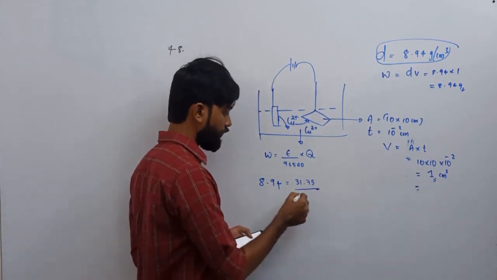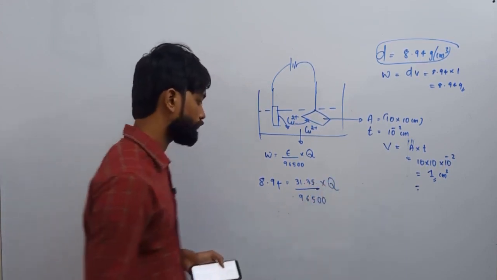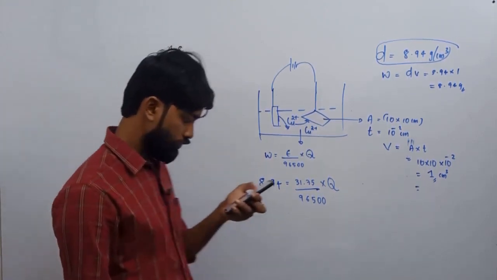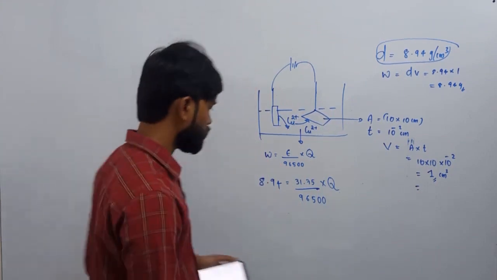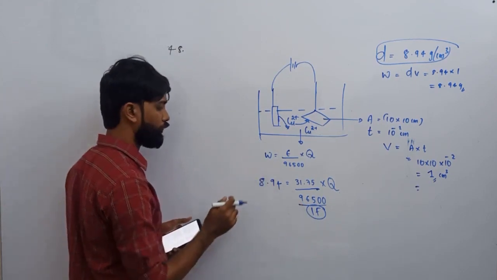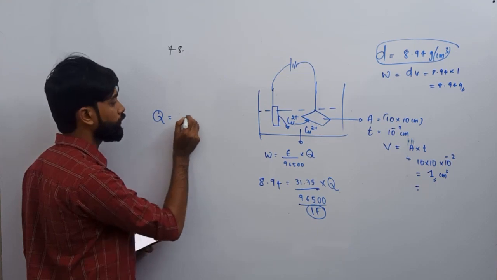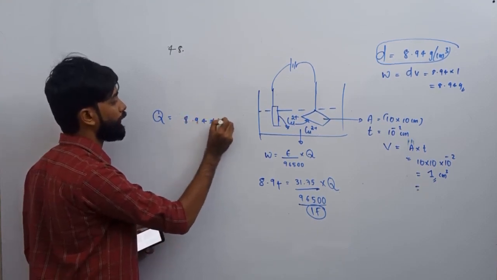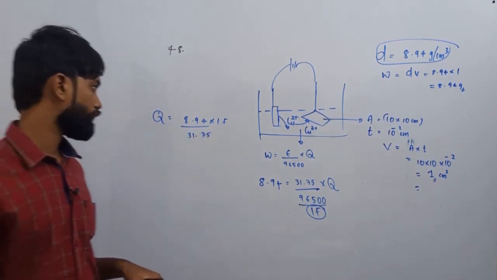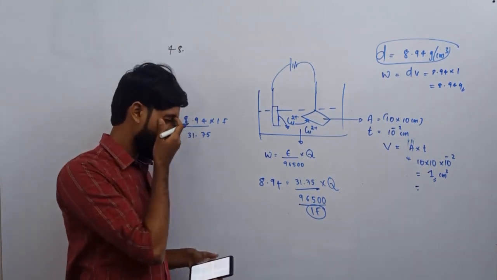Divided by 96500 into Q. You should find this answer in terms of farad. So this is simply taken as 1 farad, right? So 1 farad to here and 31.75 to here. So the charge is 8.94 into 1 farad divided by 31.75. 8.94 over 31.7. Simply, if it is 9, 3 times will be okay.